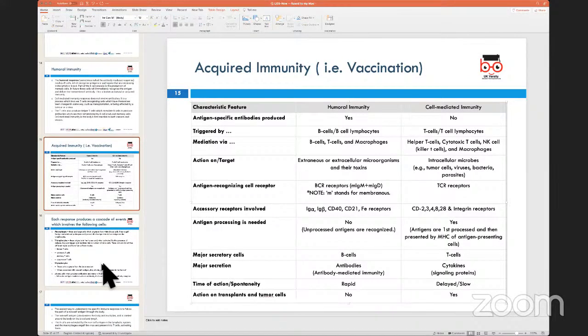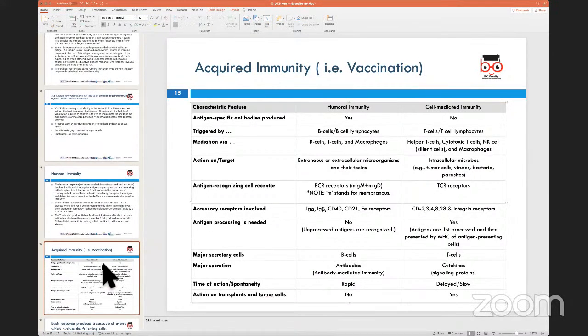So when we do talk about immunity, we would look at two different types. One would be innate immunity. The other would be adaptive immunity. And the adaptive immunity would also include immunity which can be acquired through vaccination.